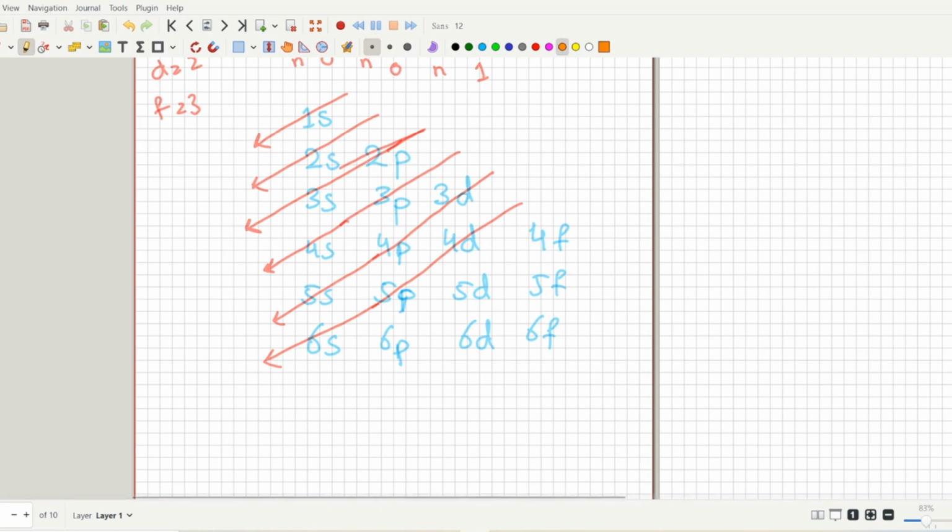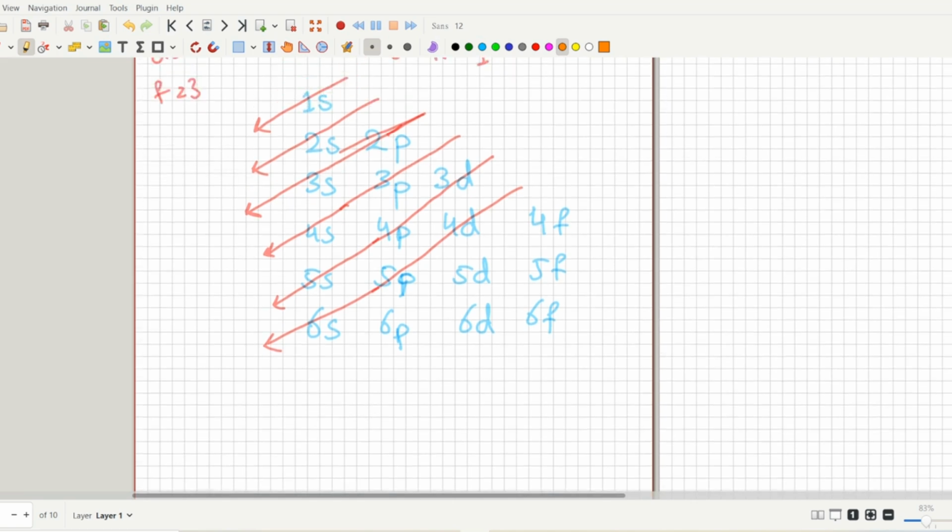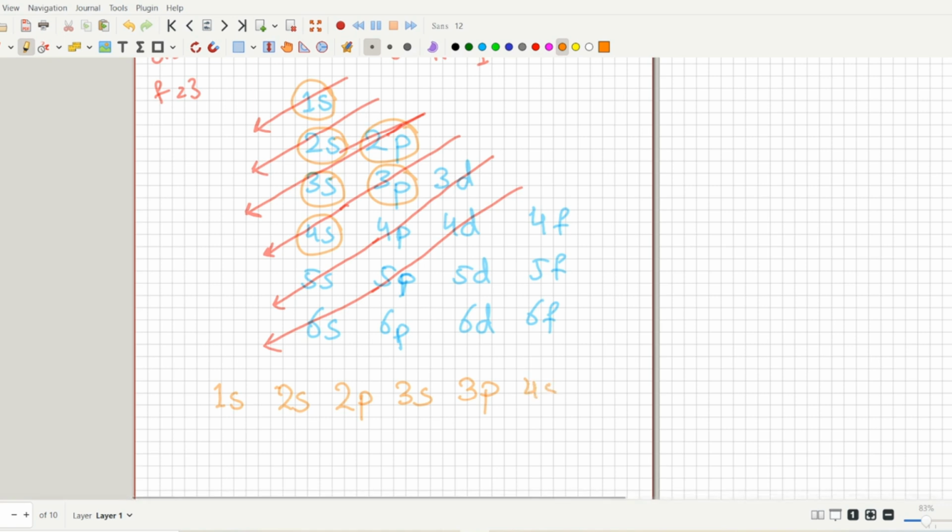So let's write down these examples first. The first electron went to 1s. So 1s was the first example. Then it goes to 2s, and then 2p, and then 3s, and then 3p, and then 4s, and then 3d, and then 4p.